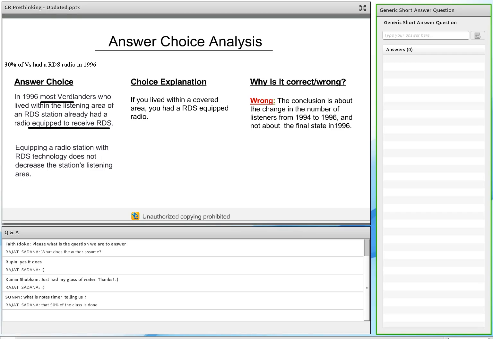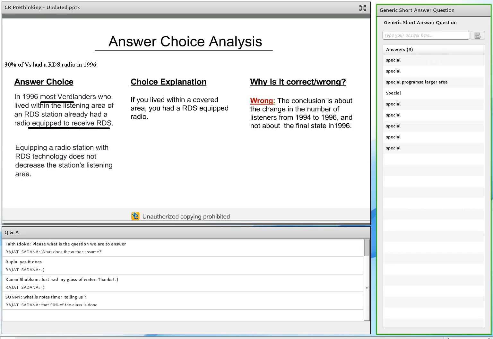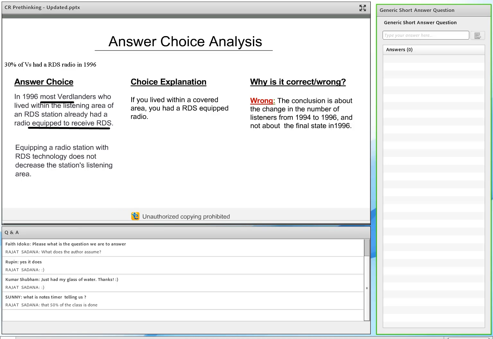Now, what kind of programming is my conclusion about? It's about special programming, right? Now, do I need RDS technology in a transmitting station to get special programming as per the argument?